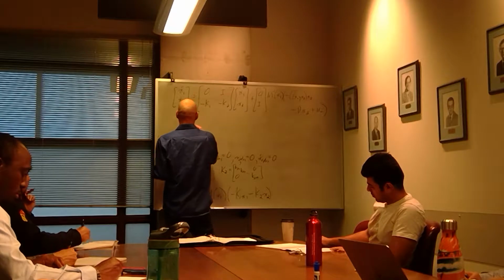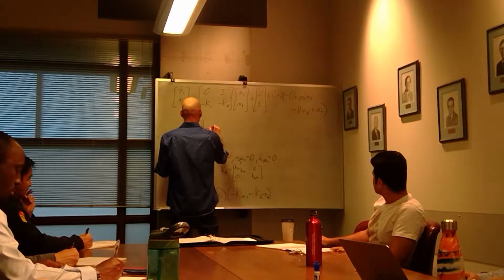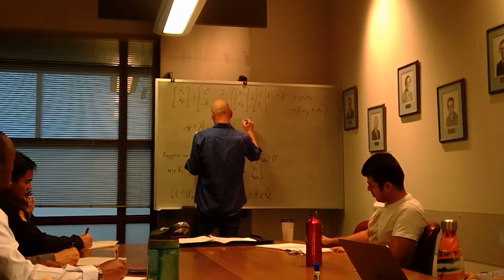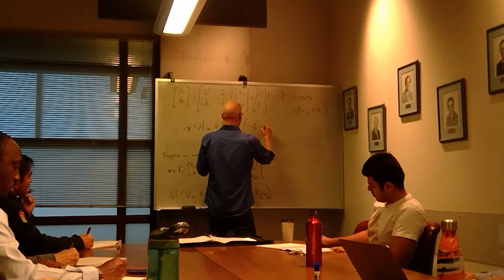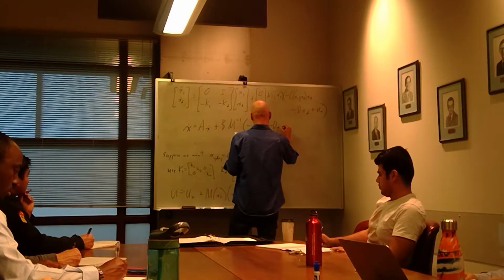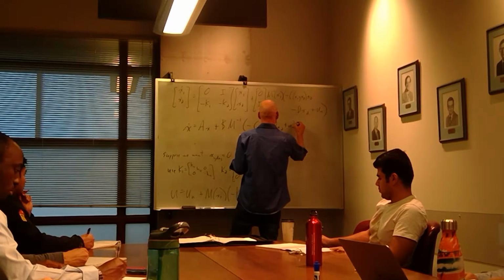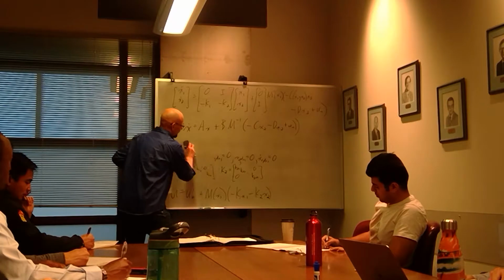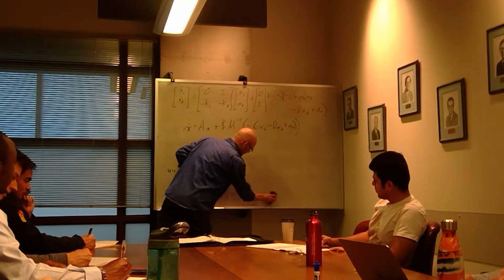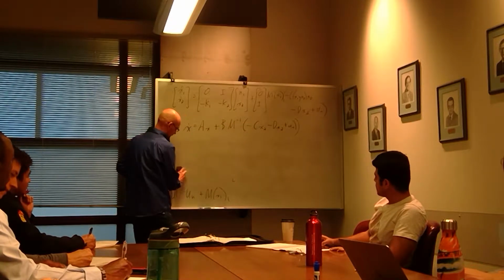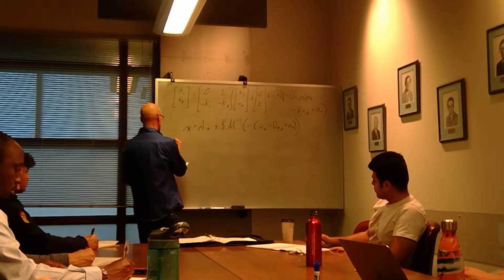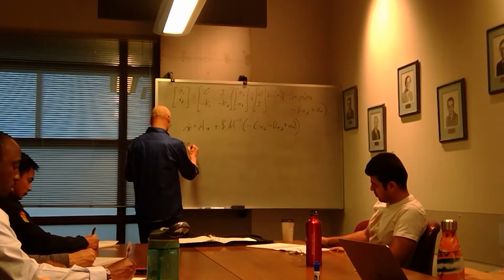So I get x dot equals Ax plus B M inverse times minus C x2 minus D x2 plus u n.